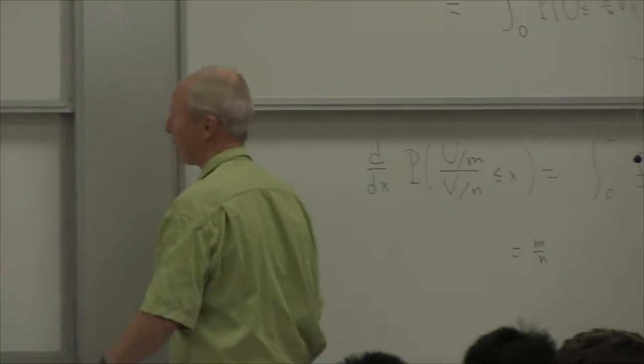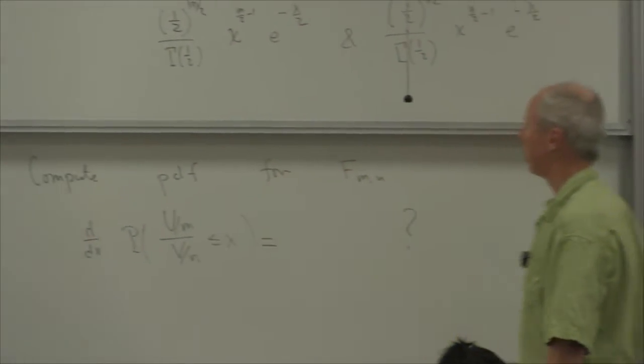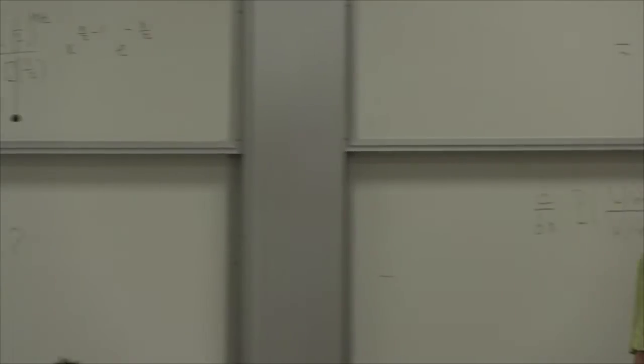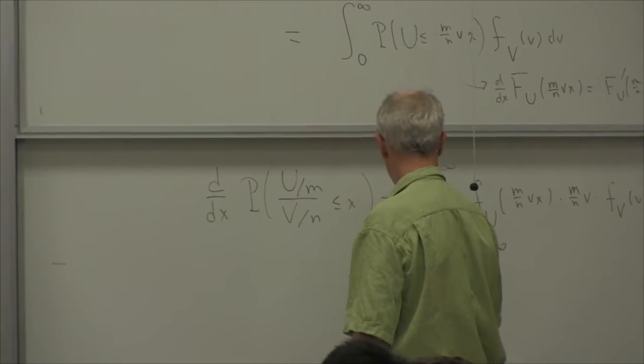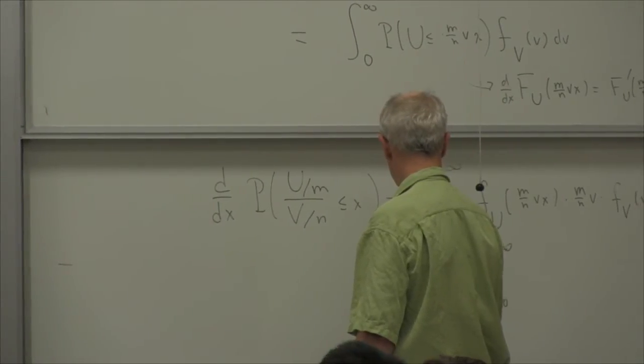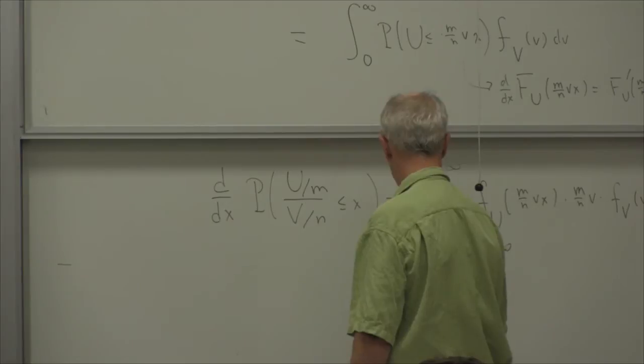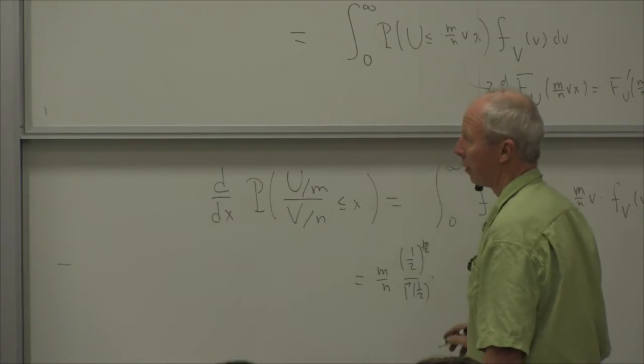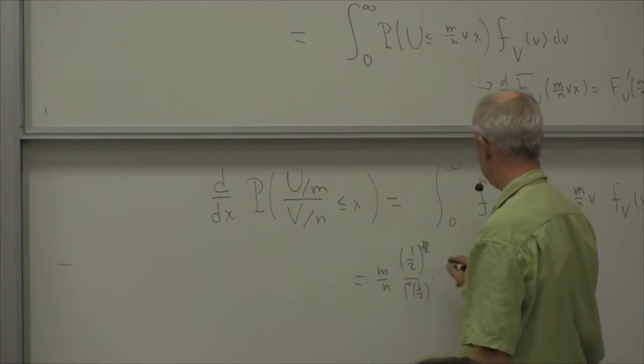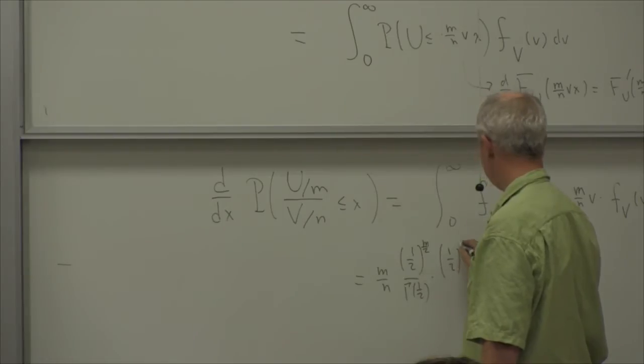Now u has these constants out in front, so let's put those out in front. And then v will have 1/2 to the n over gamma of n half.